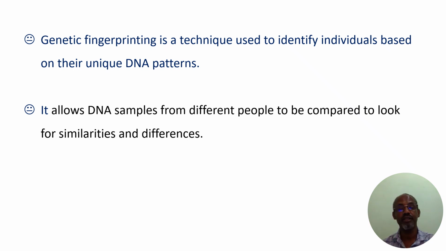It allows DNA samples from different people to be compared to look for similarities and differences. With this comparison, we do a profile for individual suspects in a criminal case. You may have your suspects. You compare the DNA profile of the suspects with a sample from the crime scene. If there is bleeding while the criminal is doing his killing act or his rape act, if he has left some mark, his own DNA mark there, we take that DNA.